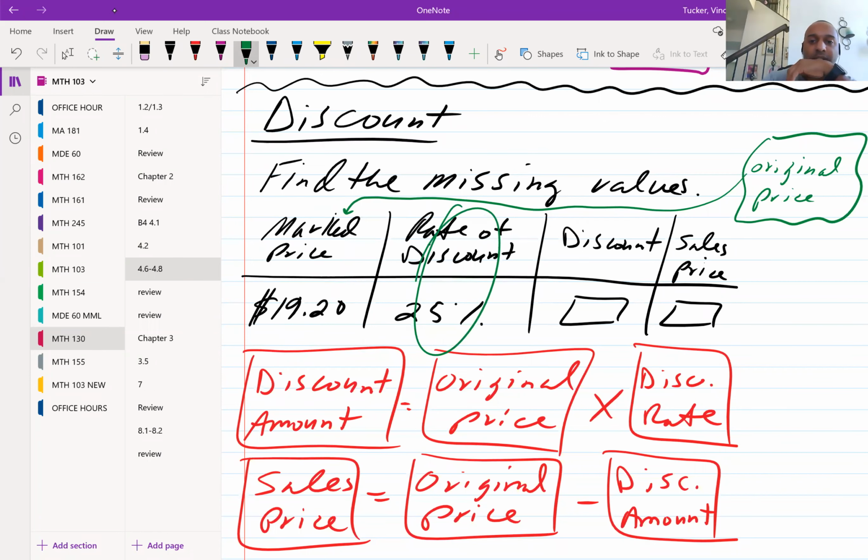So this is your discount rate. Your rate is always your percent. That goes right here, and your original price goes right here. I'm giving everybody a chance to write before I scroll down. Somebody still copying? Yeah, one minute.